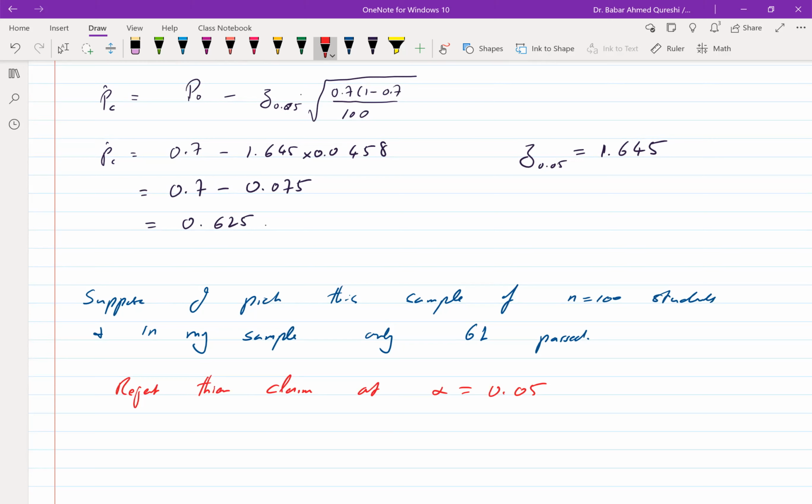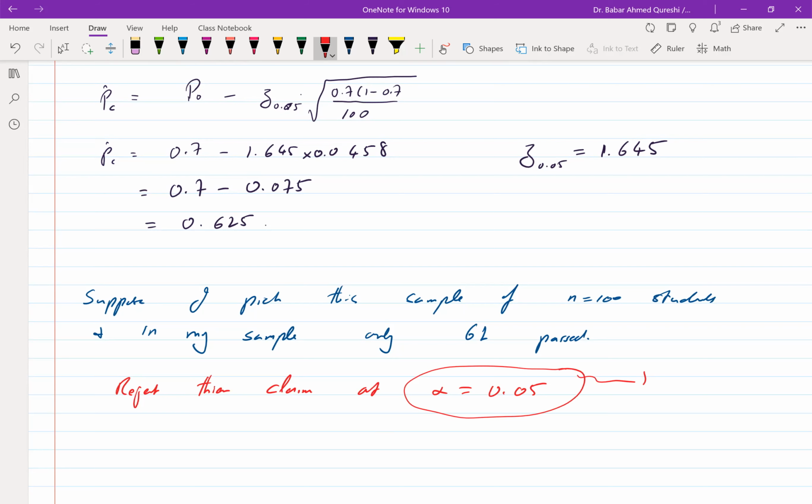It was just by random chance you happened to pick those people who failed. But based on this sample, you're going to say that I reject their claim, although they could still be true, which is what the significance level says: there's a 5% chance that their claim could still be true.